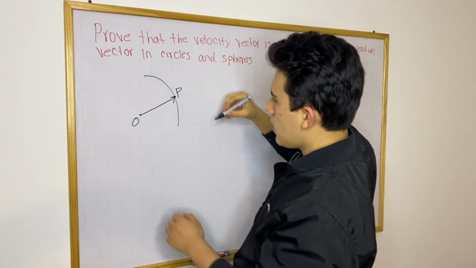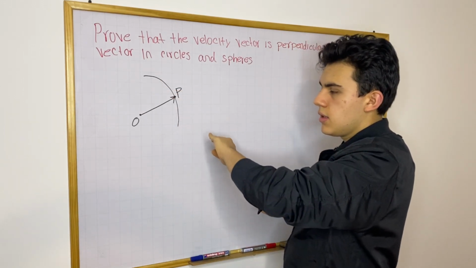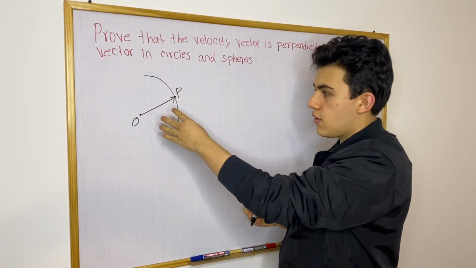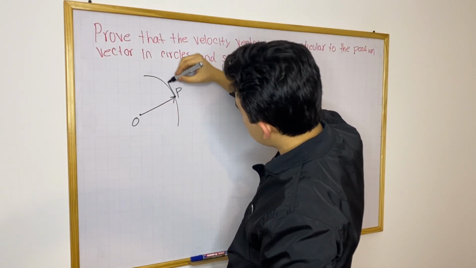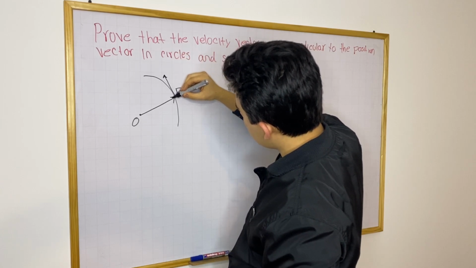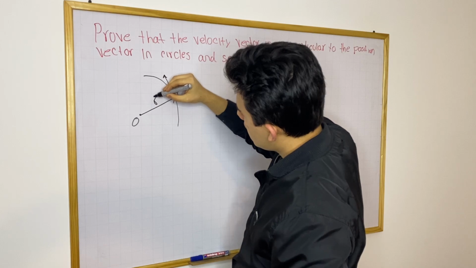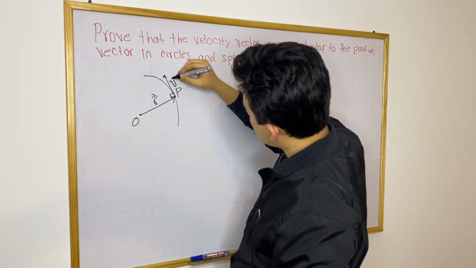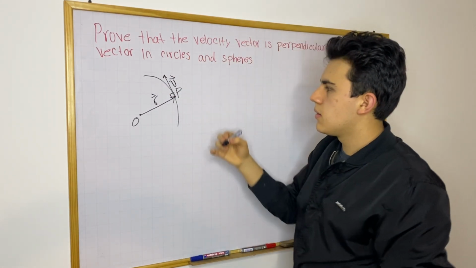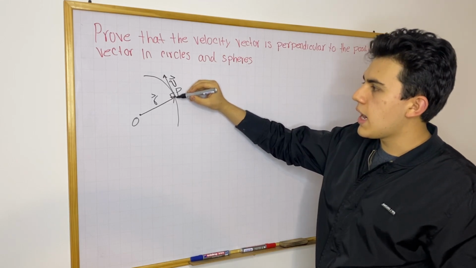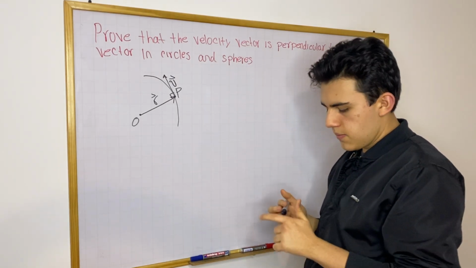We want to show that if this point is moving over this curve, then its velocity vector must be perpendicular to its position vector. I'm going to say this position vector is r, and this velocity vector will be v, okay? We're going to show that there's a right angle between those two vectors.